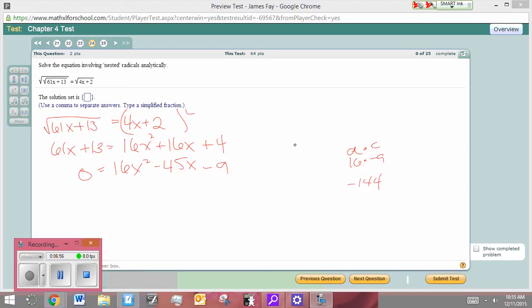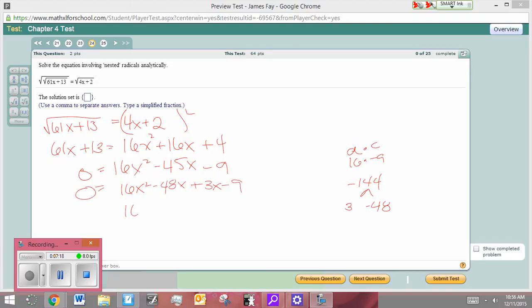Now I'm thinking about two numbers that multiply together give me 144 and add up to negative 45. And those two numbers are 3 and 48, and the 48 has to be negative. So I'm going to have 16x squared minus 48x plus 3x minus 9 equals 0.